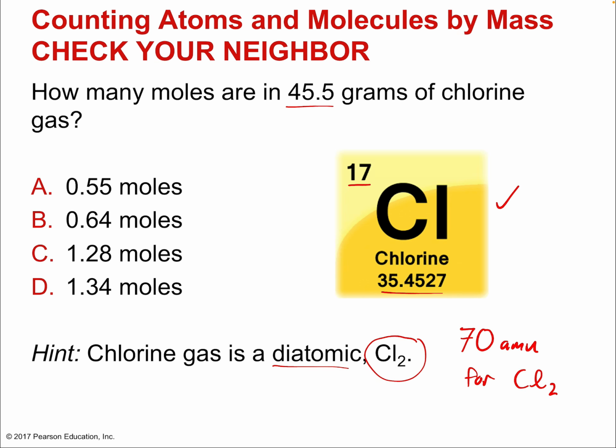Well, if it's 70 AMU per molecule, then what is it per mole? Well, 70 grams, right? 70 grams per mole. And we were told that we have 45.5 of those. Well, what's that closest to? Now you should be able to figure this out. Get out a calculator if you need to.